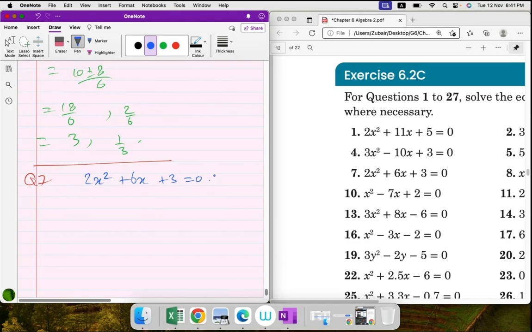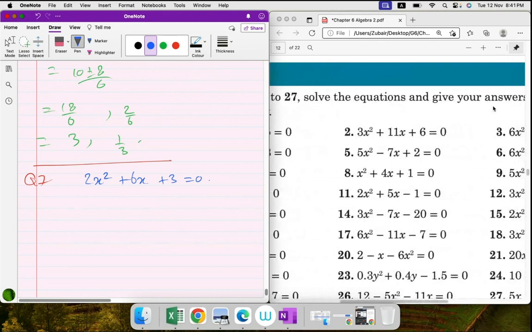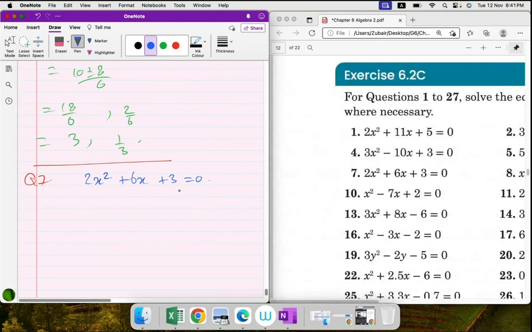A is 2, B is 6, and C is 3. Don't go in decimals because the question says so. Yes, sir. The question says giving your answers in surd form where necessary.